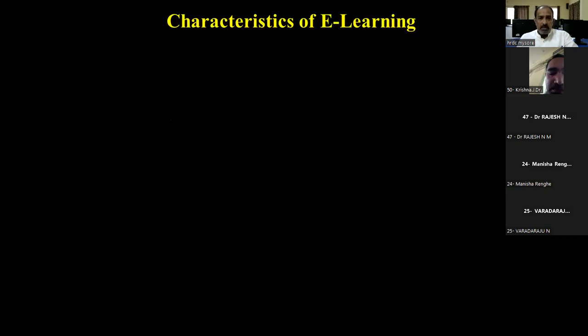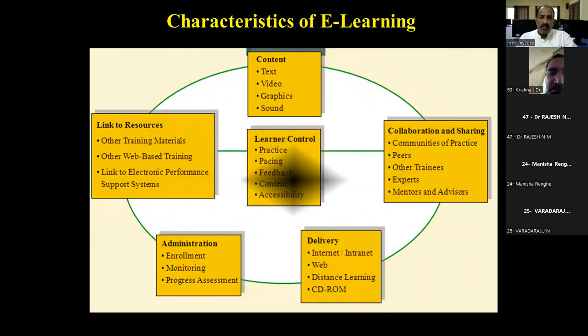So with this, now let's look at the characteristics of e-learning. I will quickly cover them without going into depth. The first is the content. When you are using an e-learning platform, the content will be delivered in the form of text, video, graphics, and sound.